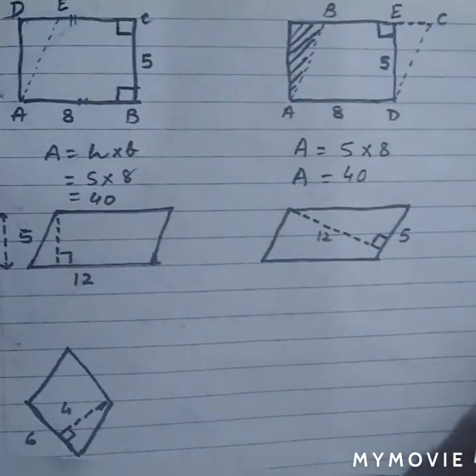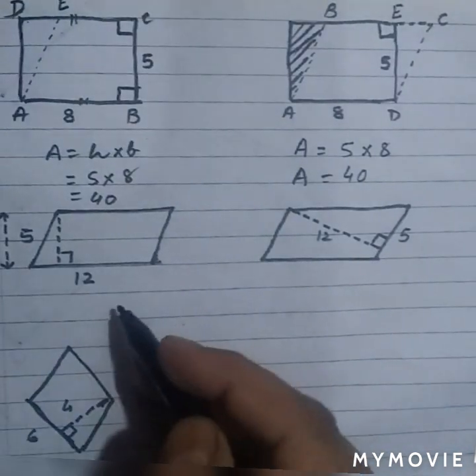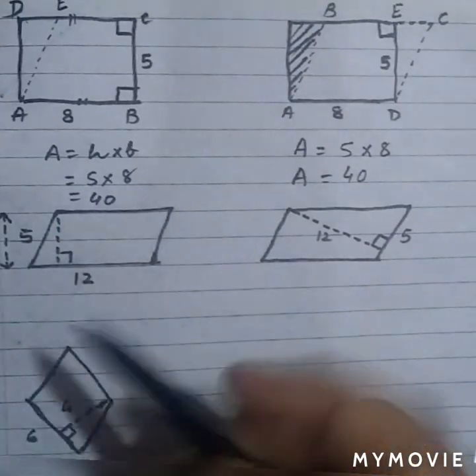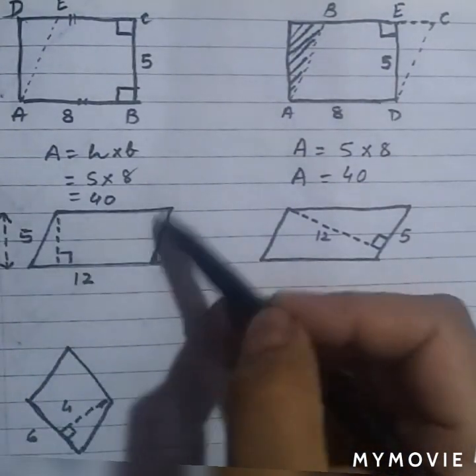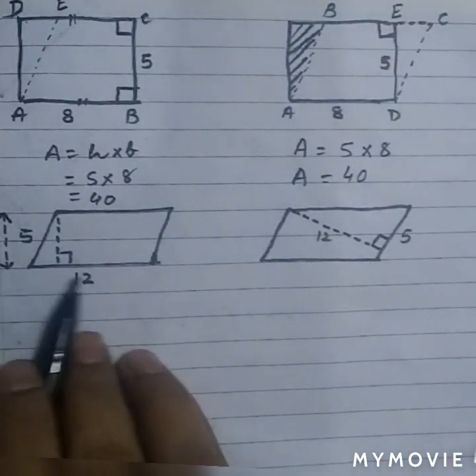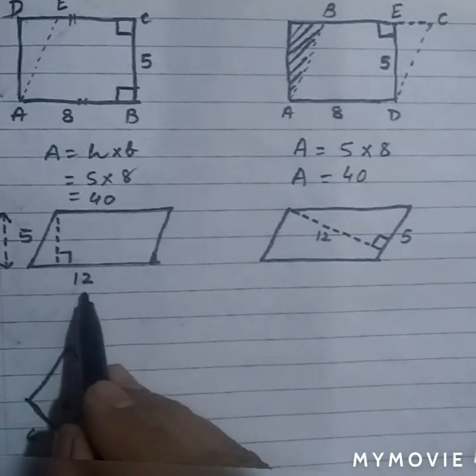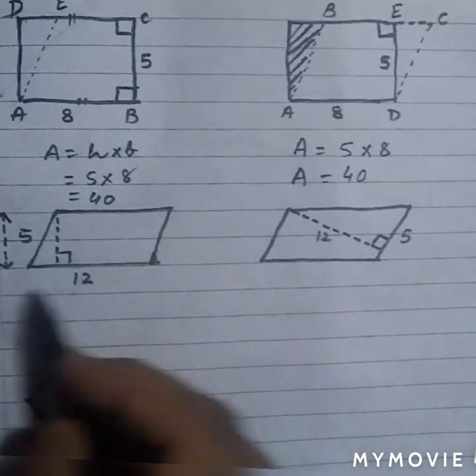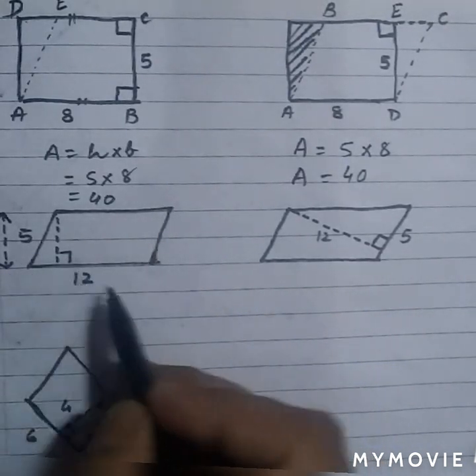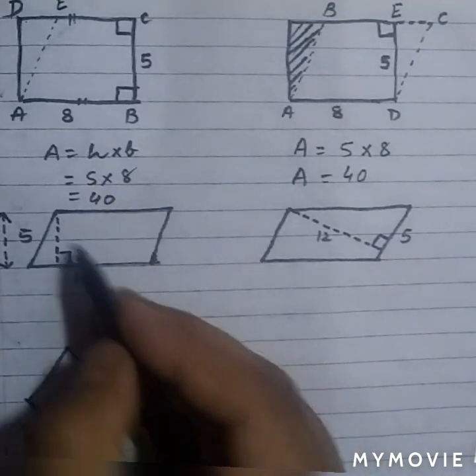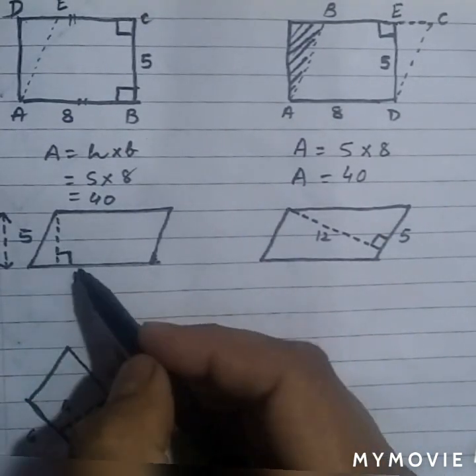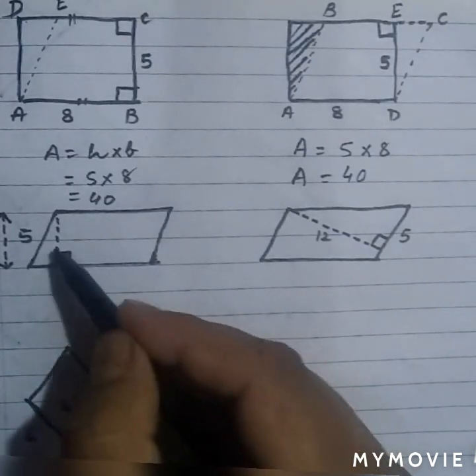Now look at the next example. You can observe that I have drawn a dotted line over here indicating the height of this parallelogram, and this 12 is indicating the base. If I am interested in finding the area of this parallelogram, I must multiply its base and the perpendicular height. I have shown 90 degrees over here to show that these two are perpendicular to each other.